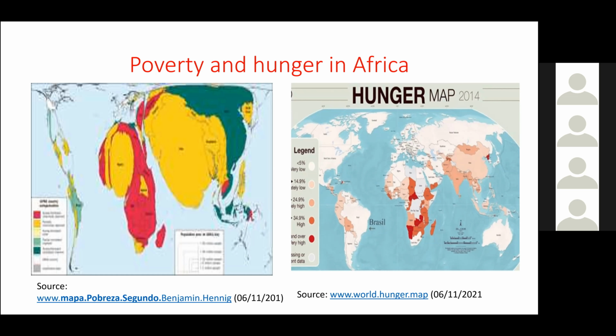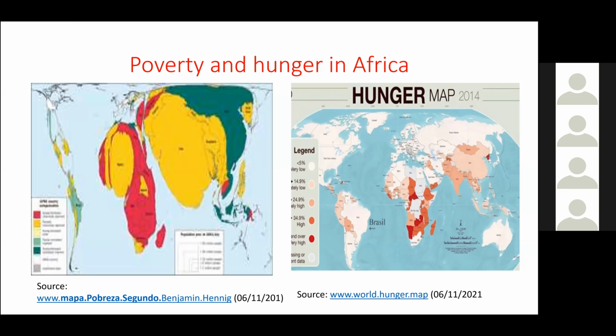When you look at poverty, the map of America almost doesn't exist. North America, even the entire America. But you see India and the African continent. Yes, they are the face of poverty in the world.